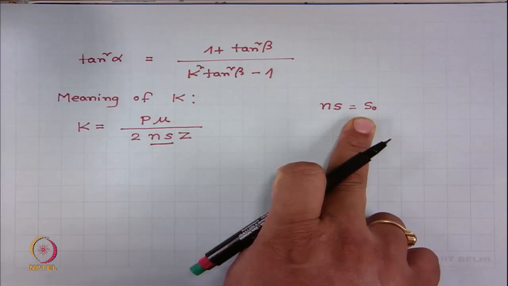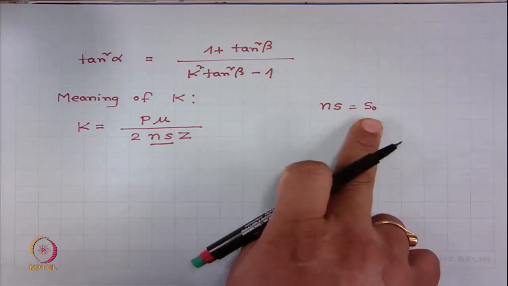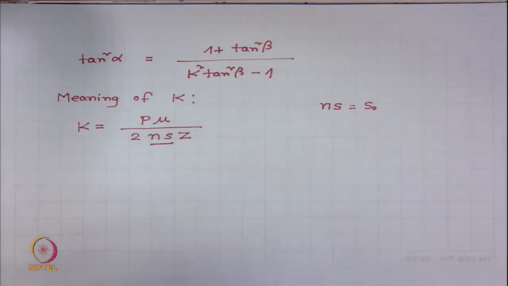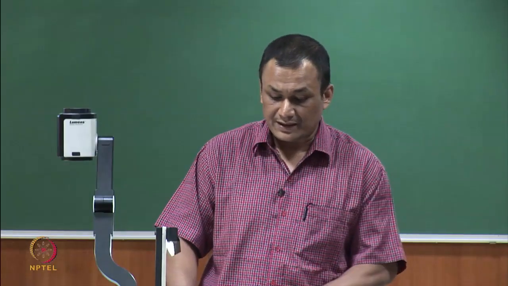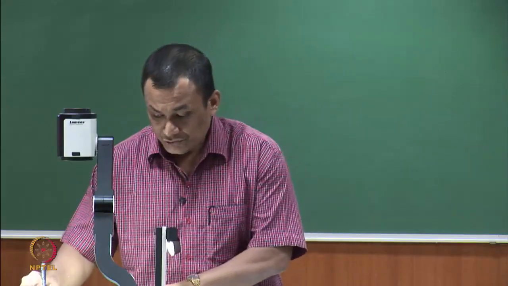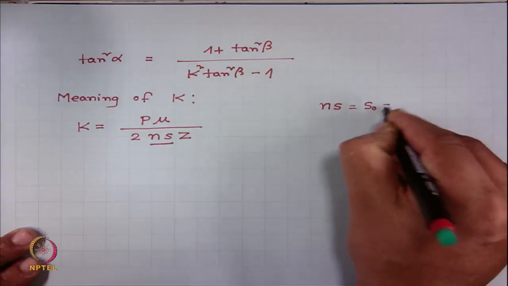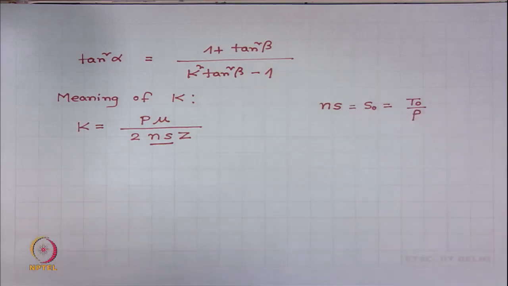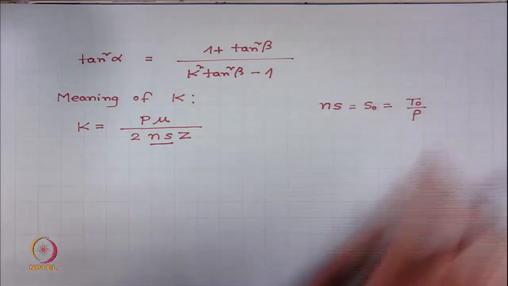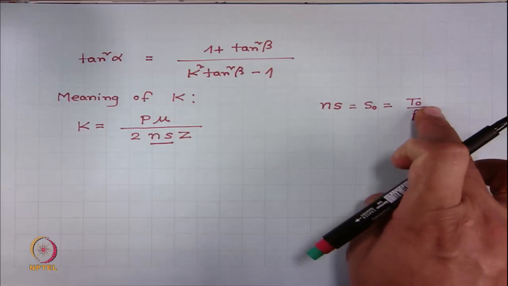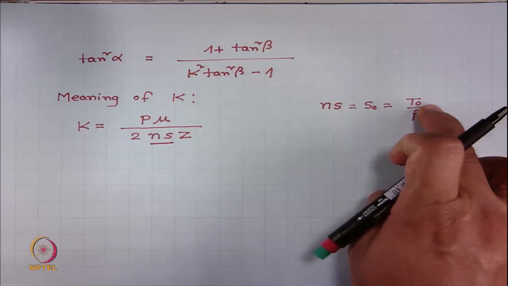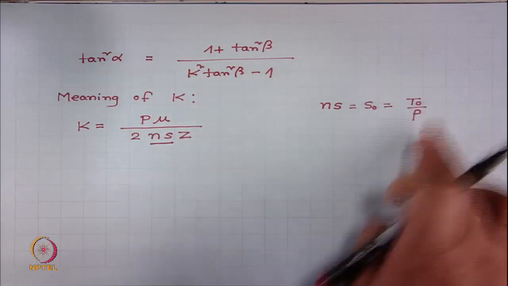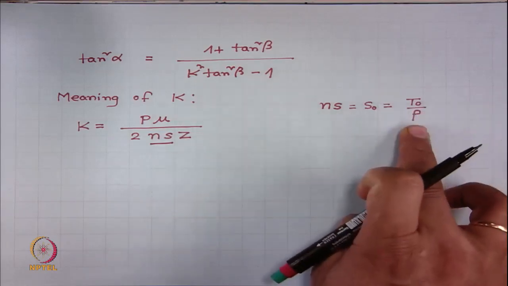Here we use the same symbol with subscript 0 to denote the initial non twisted fiber bundle. And also in module 2 we have introduced this relation where capital T naught denotes the fineness of the bundle, parallel fiber bundle, and rho is fiber density.